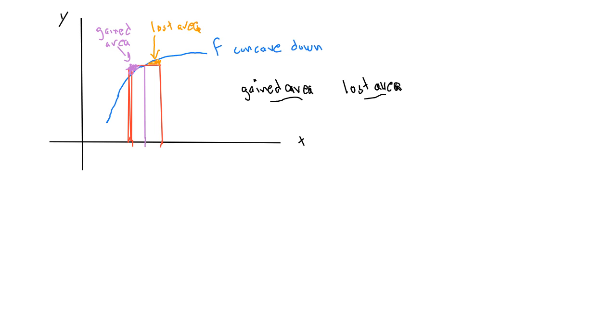That's right, Jonathan. And so this means that since the gained area is more than the lost area, the midpoint rule, doesn't matter how many subintervals you use, will overestimate your integral. It will overestimate it.